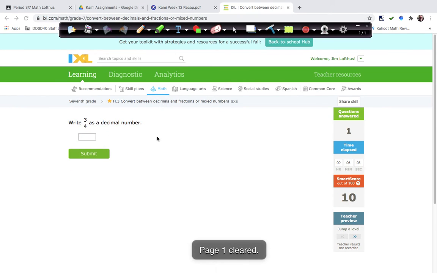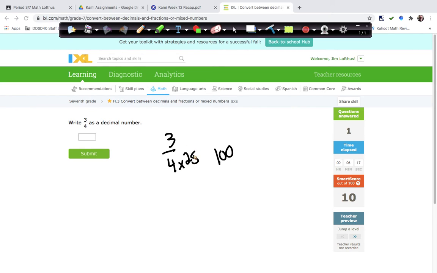Okay, 3/4 as a decimal. Here's how we're going to do this one. It doesn't work quite as well, 3/4. We want to get to a 10, but if we can't evenly get to a 10, we could try to get to 100. So 4 times 25 is equal to 100. So to keep it equivalent, we do 3 times 25, which is 75. So that's going to be 75 hundredths.